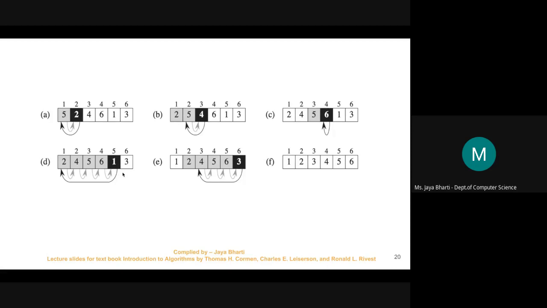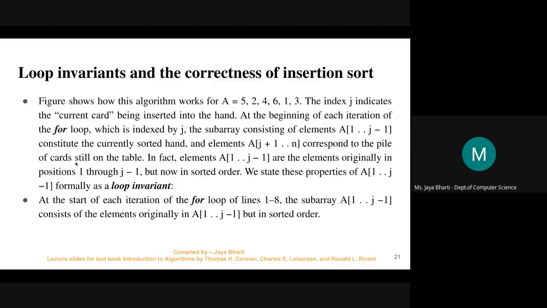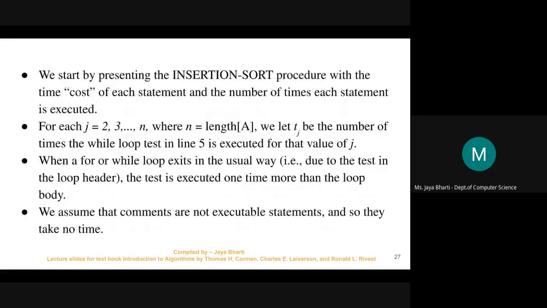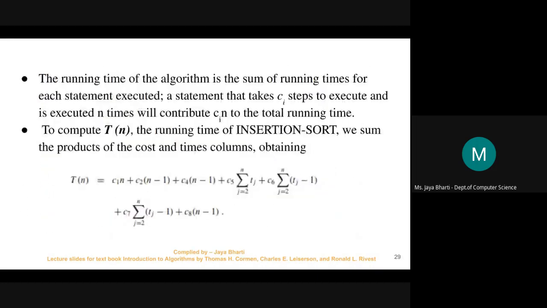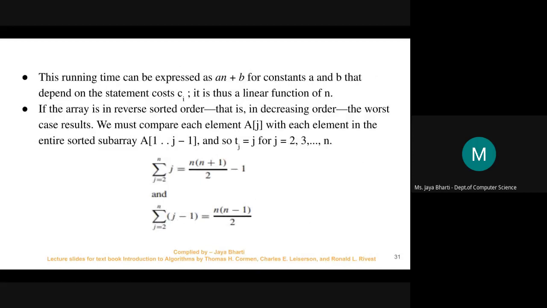If our array is decreasing, suppose this is the least one and this is the sorted part, you need to move this value all the way across every time. So it is going to take much time. That's why in the case of reverse sorted order, insertion sort results in the worst case.